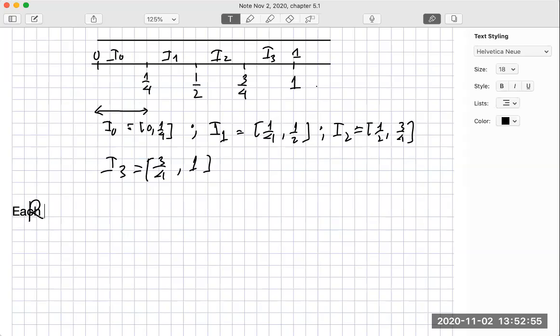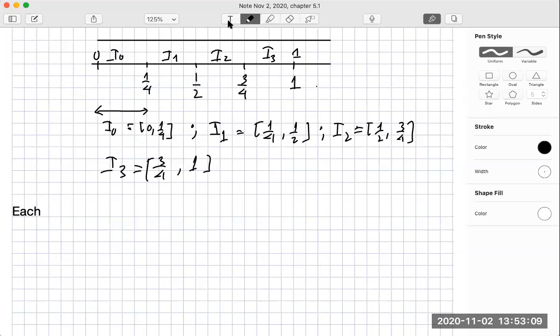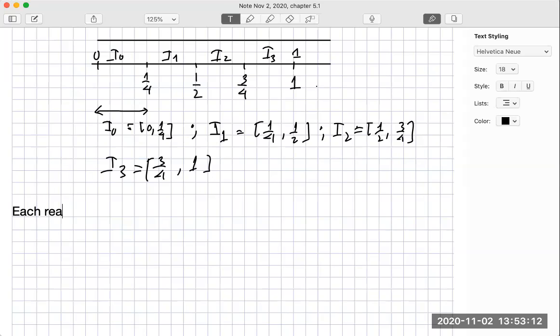So each, you see that each rectangle above has a width one over four, right? The way we discretize the area.